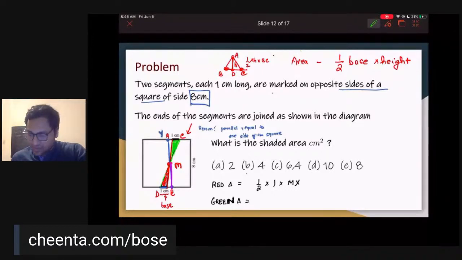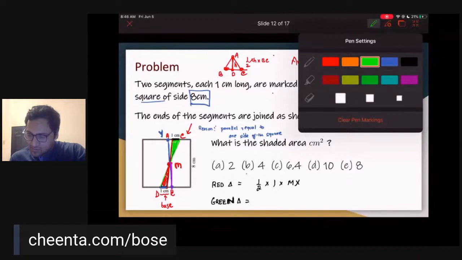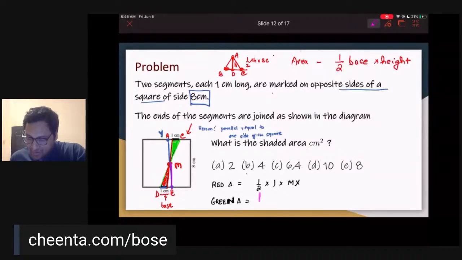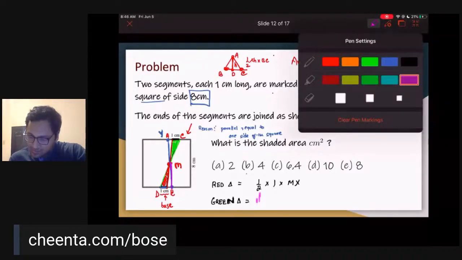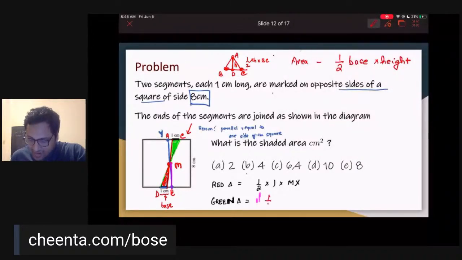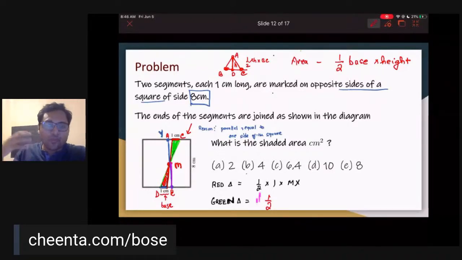Excellent. Very good. So you have half times, maybe I can change this color. Okay, this is red maybe. It's half times. What is the base? The base is 1. Excellent. Atya is right. So those who are giving me numbers, 4, 2, these numbers are not right.